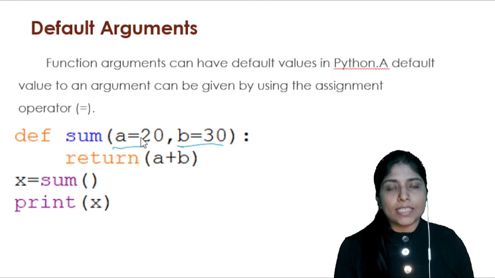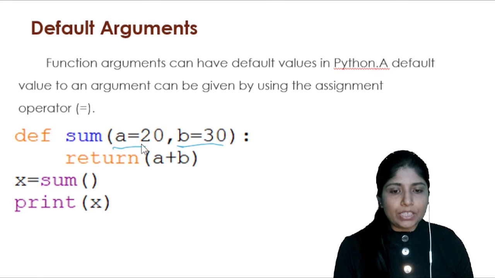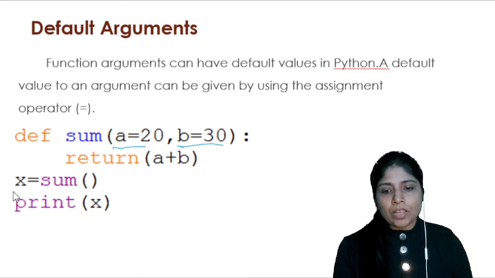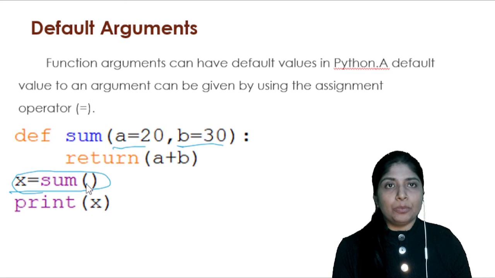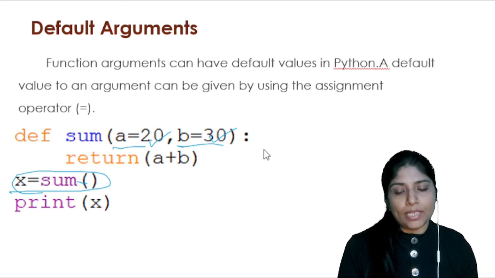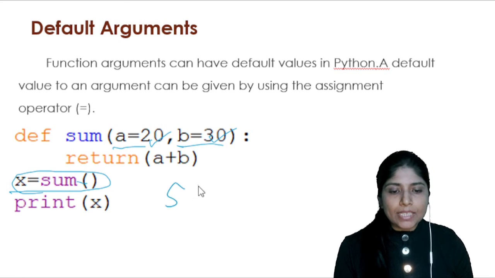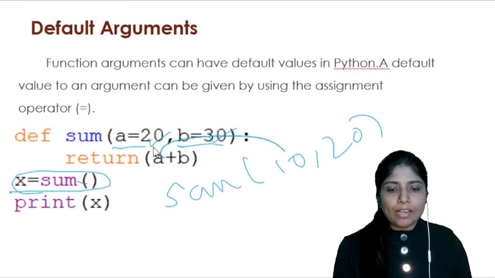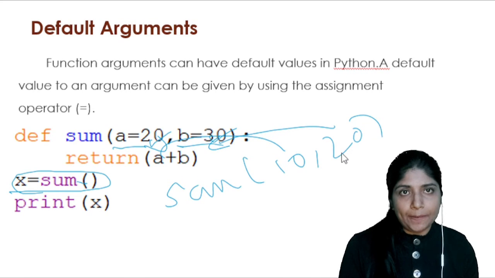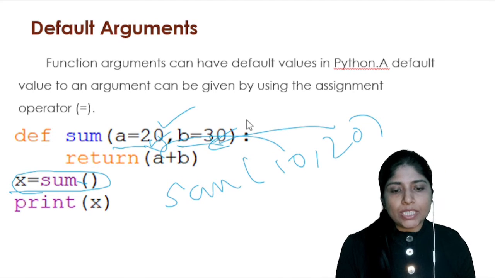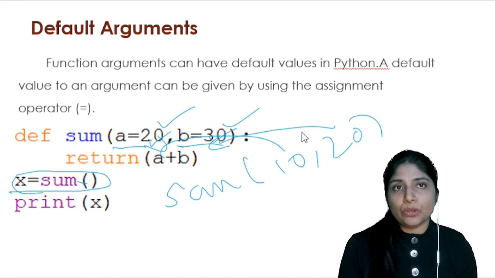Default argument is assigned in the function definition using the equal to symbol. And you can call the function without any argument. I haven't passed a or b here, so the function has used 20 and 30 to calculate the value. In case I am passing some values like 10, 20, then 10 will be copied into a and 20 will be copied into b. Then 20 and 30 will not be used for calculation.